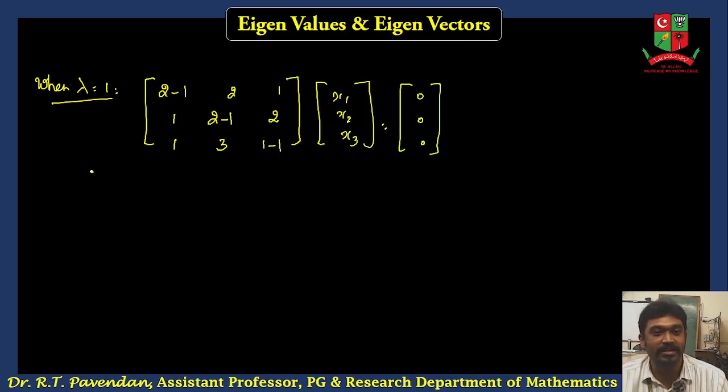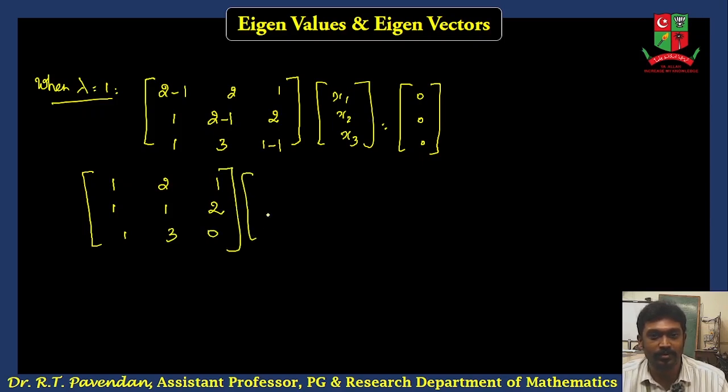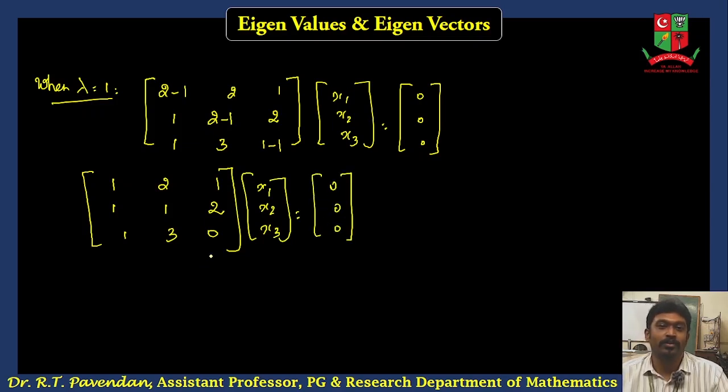Now we get the matrix to be 1, 2, 1; 1, 1, 2; 1, 3, 0, times x1, x2, x3 equal to 0, 0, 0. We multiply this matrix with the column matrix x1, x2, x3 and equate it to 0.